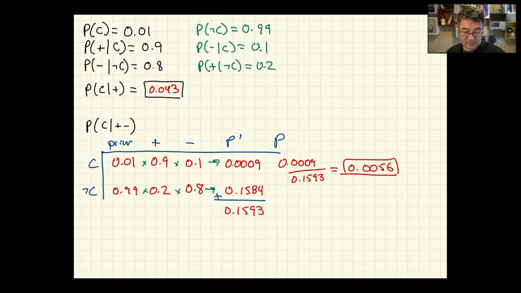How does that compare with running the test twice? I got a smaller chance of cancer. It's 0.00126 is what I got. So about 4 times smaller than this number. Yep. So if you just got that negative diagnosis to begin with, they probably would have just sent you home, right? 1/10 of 1%. It's pretty small.